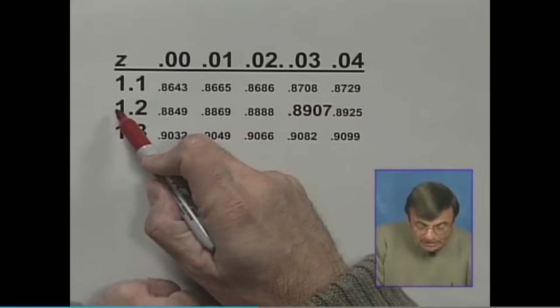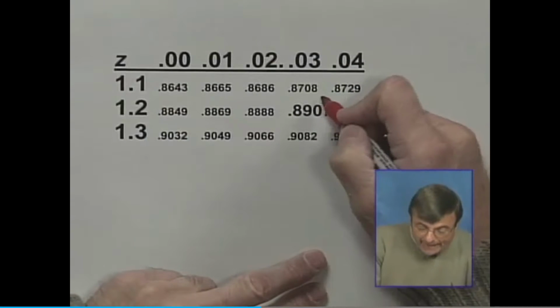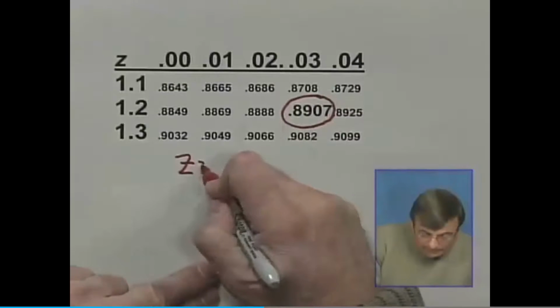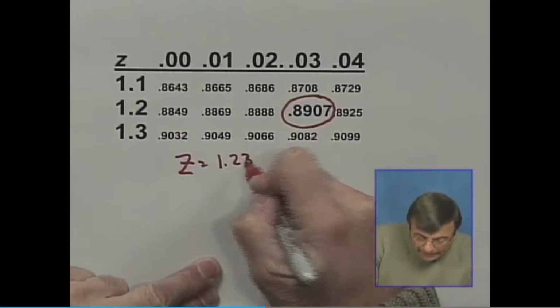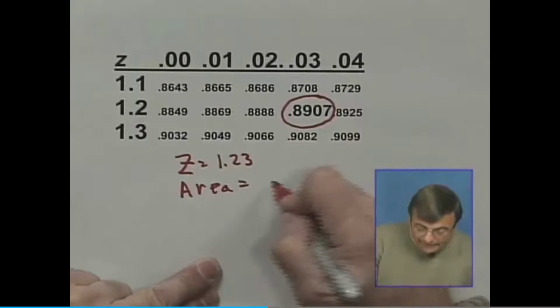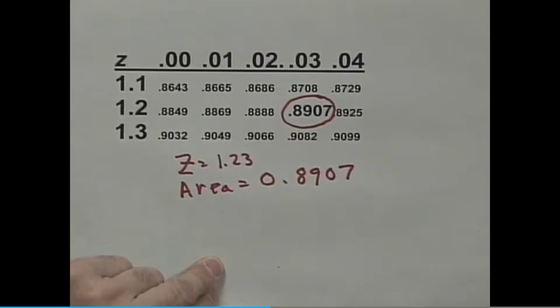So by intersecting the row with 1.2 and the column with 0.03, I find right here that the z-score of 1.23 gives me an area of 0.8907.